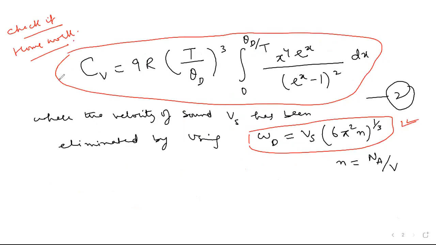So this equation gives us now the specific heat. I should write, don't get confused, heat capacity. Cv is actually molar heat capacity at constant volume. So it gives us heat capacity in the Debye model.